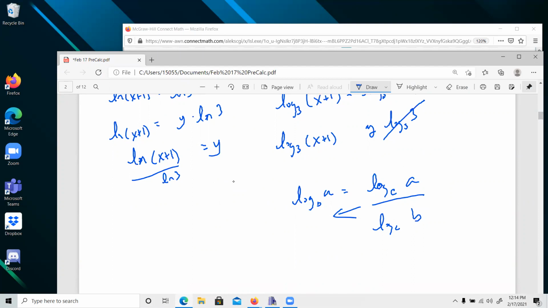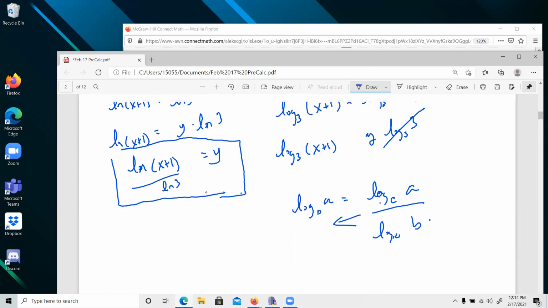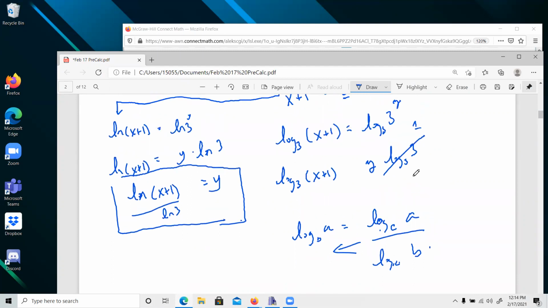So if I look at this and say, wait a minute, I've got a natural log over a natural log, then I can say this is log base b of a instead of natural log over natural log. So it technically should give me the same answer. I just want to test that out to see if they would rather have this or if they were okay with that.